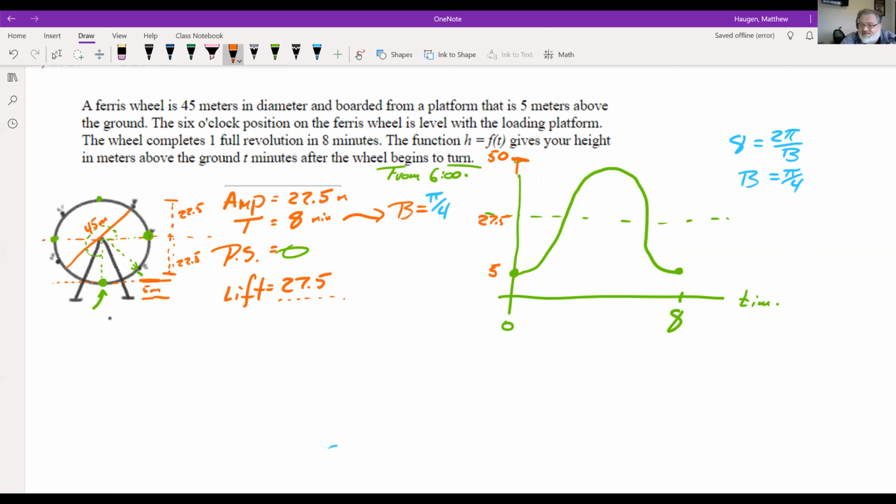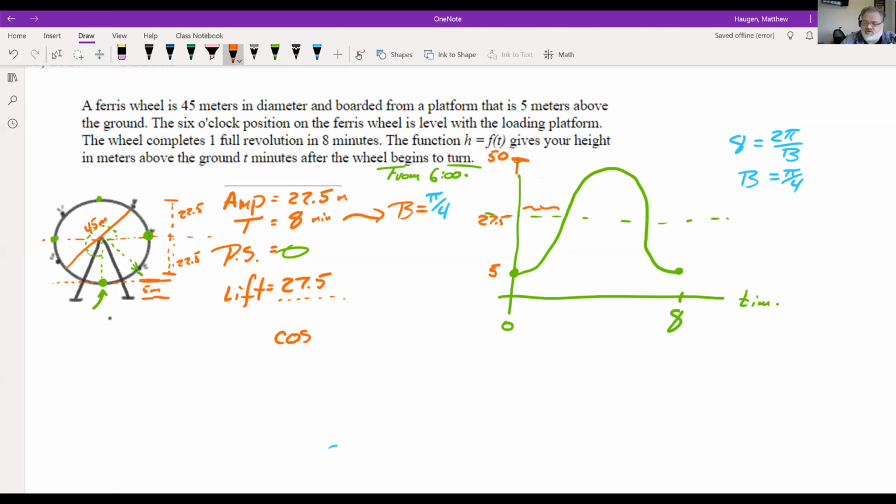So to build our function, this is all our prep work. Usually once we have the prep work all done, making the actual function is fairly easy. But are we going to use sine or cosine or secant or tangent? We're going to use a cosine. And we could use a sine with a phase shift if we wanted to. But avoiding the phase shift is nice.